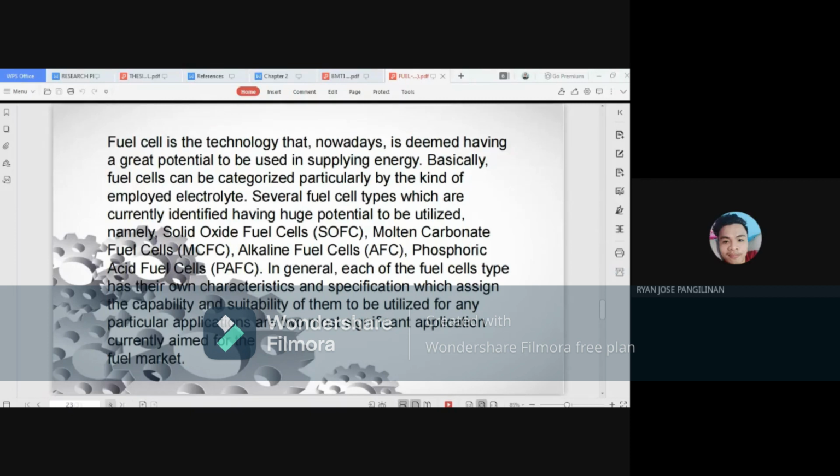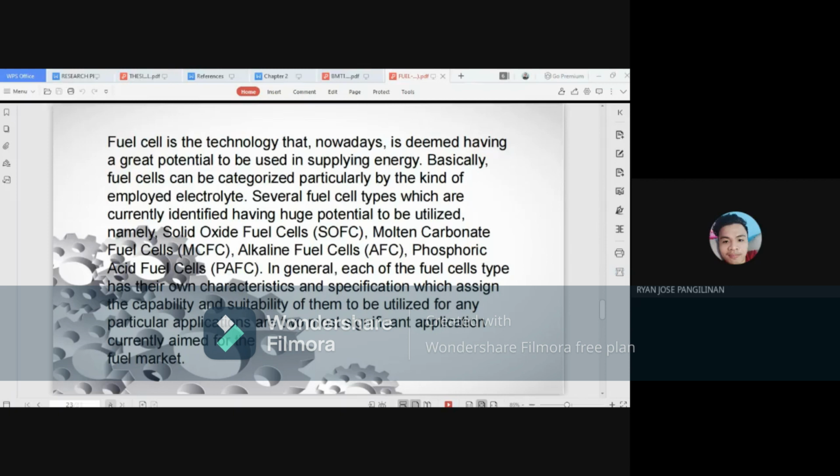So basically, fuel cells can be categorized particularly by the kind of employed electrolyte. Several fuel cell types are currently identified as having huge potential to be utilized, namely solid oxide fuel cells, molten carbonate fuel cells, alkaline fuel cells, and phosphoric acid fuel cells.